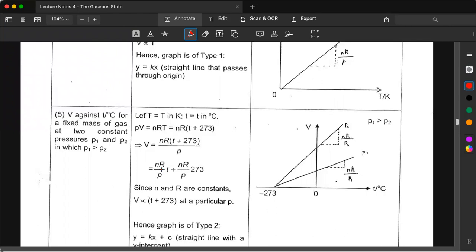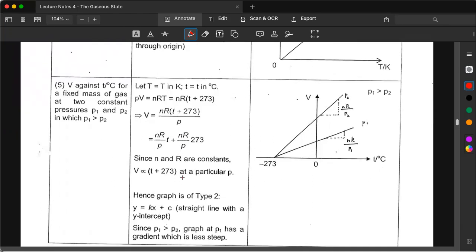Because you can actually just combine them and realize that V over T plus 273 is constant. It would be a straight line graph that cuts through the origin. So this graph is of type 2, not type 1, where you have a y-intercept because the temperature is measured in degrees Celsius, not Kelvin.